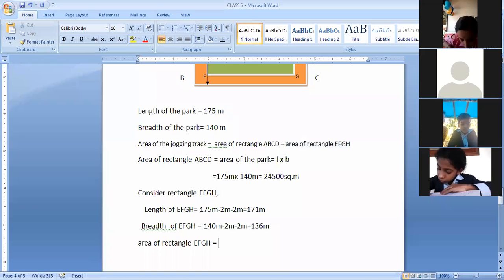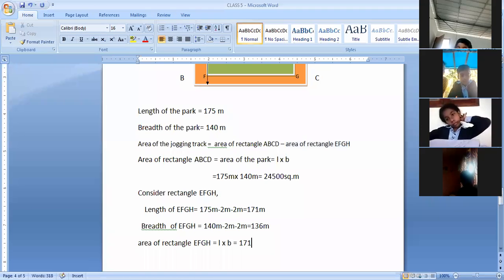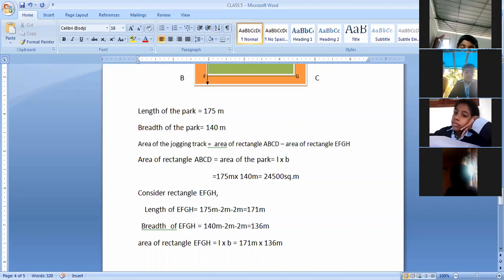We know the length and breadth. L into B is the equation. Substitute that. What is L here? 171 meter into breadth, 136 meter. 171 meter into 136 meter.